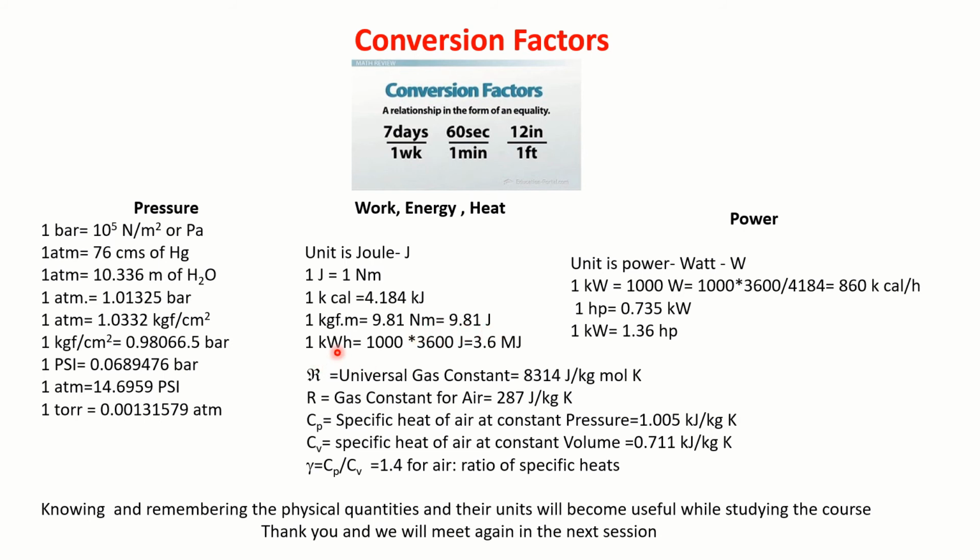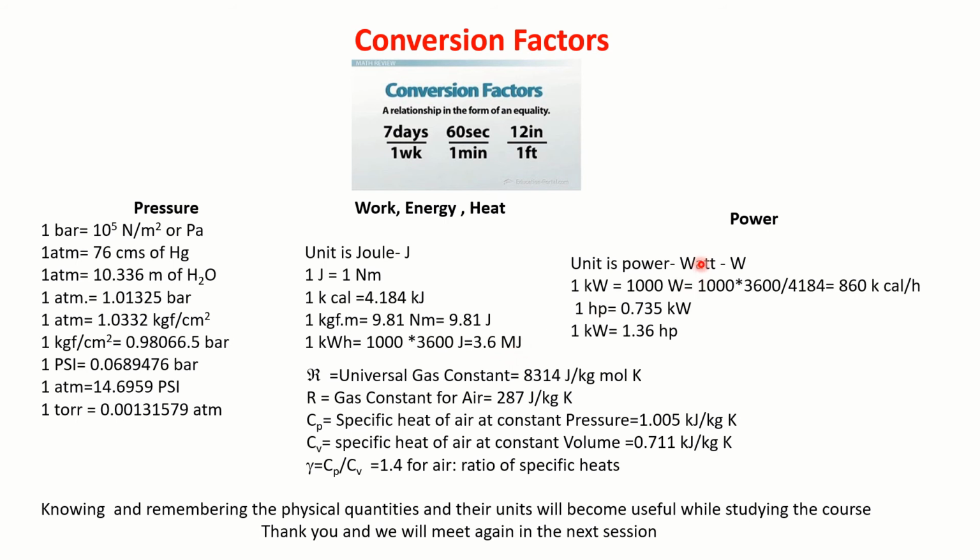For 1 kilowatt hour, kilo is 1000, hour is 3600 seconds, and watt is joule per second. If you do these things, finally it will become 3.6 megajoule. 1 kilowatt hour is equal to 3.6 megajoules.